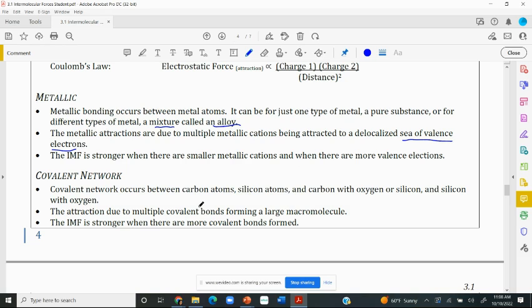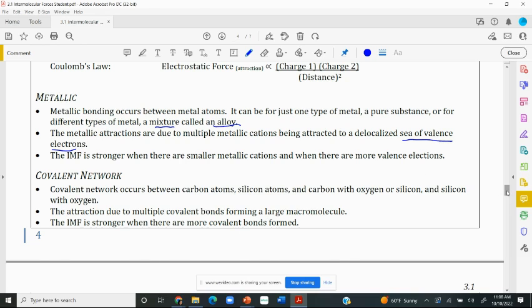All right. And then the last one is covalent network. Covalent network then is between carbon atoms, silicon atoms, carbon and oxygen, or carbon and silicon, or silicon and oxygen. The attraction is due to multiple covalent bonds forming a large macromolecule. The IMF is stronger when there are more covalent bonds.